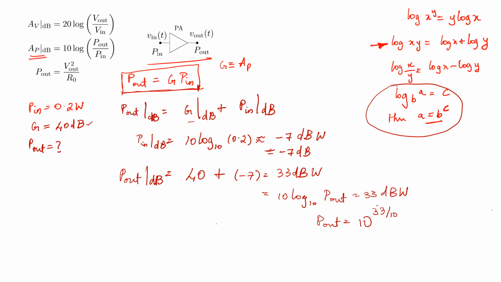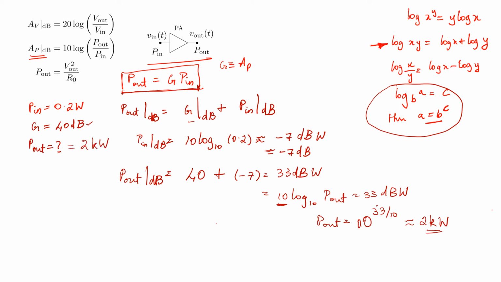This upon 10 is because of the 10 over here, and this 10 over here is because of the logarithm which is base 10, and that is approximately 2 kilowatts. So this is going to be the output power in linear scale, around 2 kilowatts.